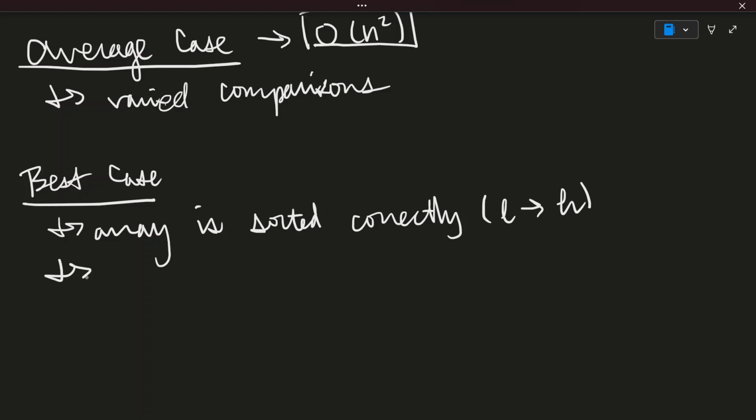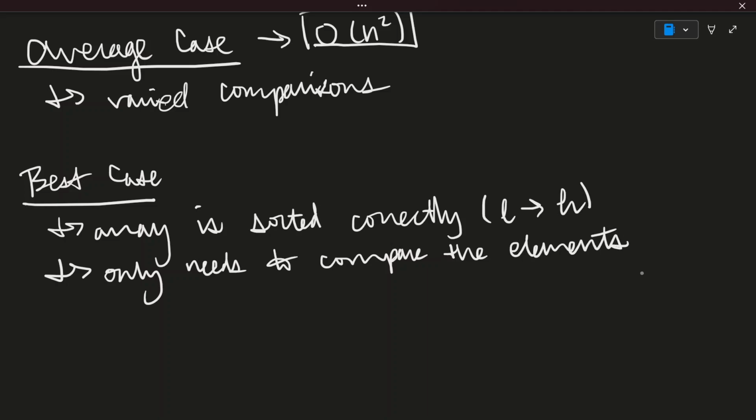So the insertion sort only needs to make a comparison. It only needs to compare the element before the current element it's at the index of to confirm that yes, that element is at the right index.